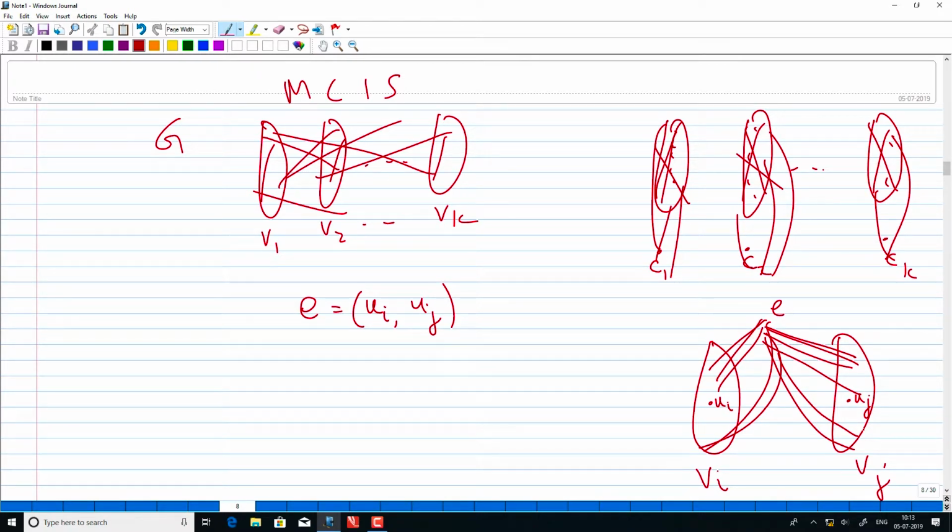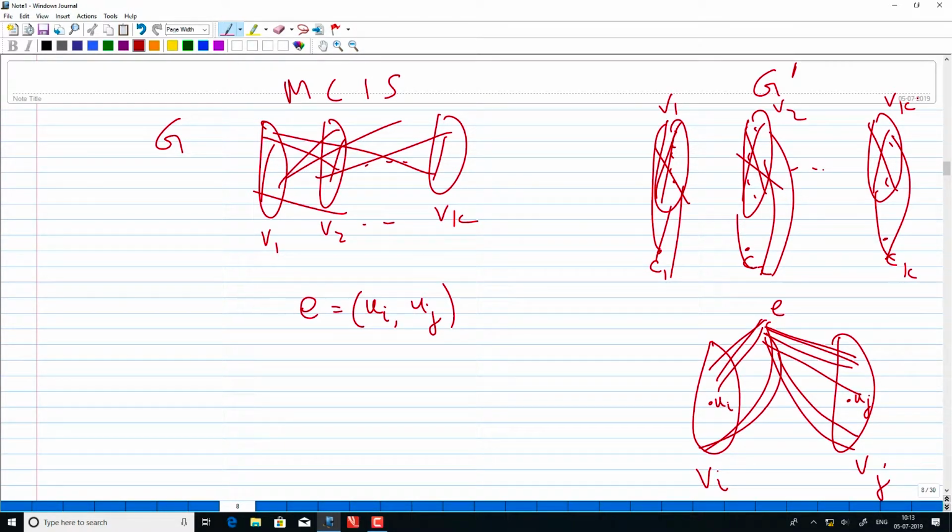This is my G prime. To start with, we will have the same set of vertices, V1, V2, V3, Vk, all the vertices of the Vi's.